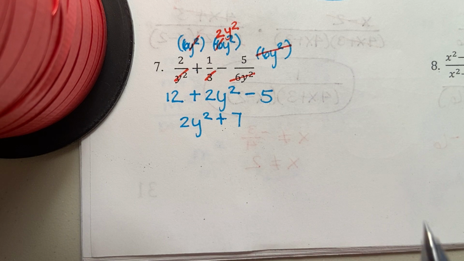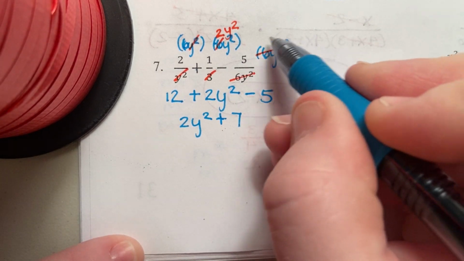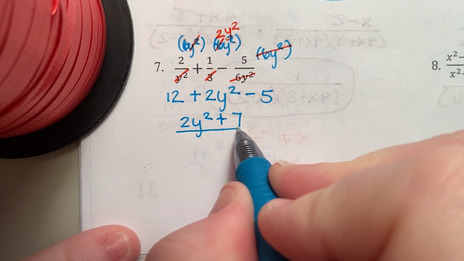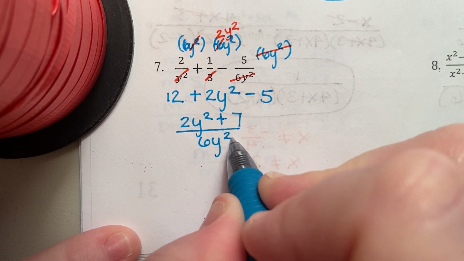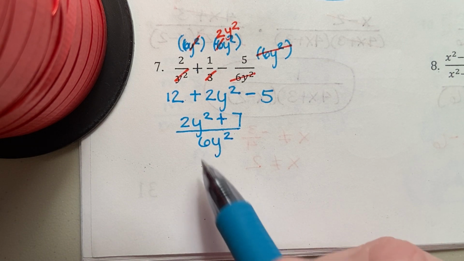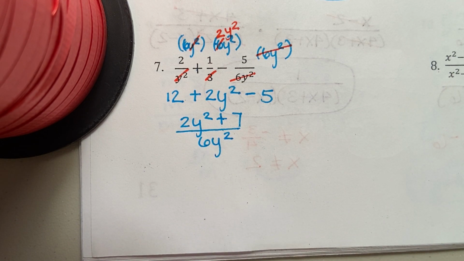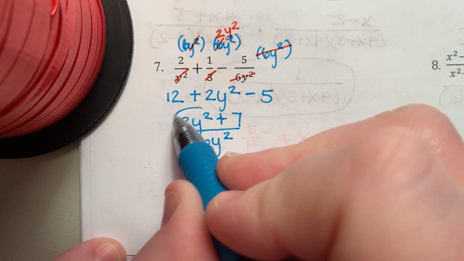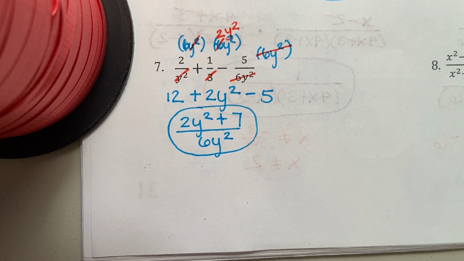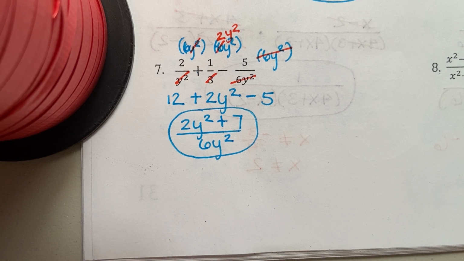All right, so the denominator, remember, was that common denominator, the thing that we multiplied every single term by. So that is 6y squared. So I'm bringing back the denominator. And then can anything cancel from here? No. So this would be my final answer.